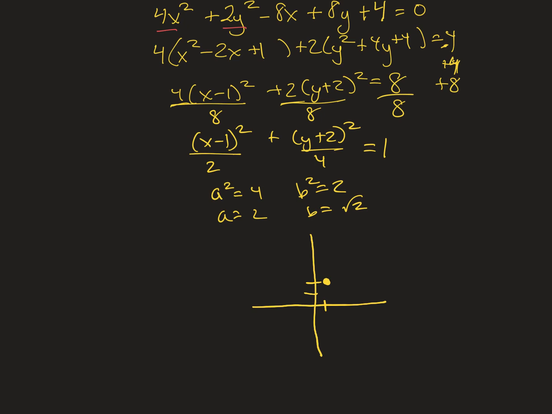And again, the major axis is in the y direction. So to get the endpoints of the major axis, my vertices, I'm going to go up and down 2. So those endpoints would be (1, 4) and (0, 4). And then the endpoints of the minor axis are going to go left and right root 2, so about 1.4-ish.